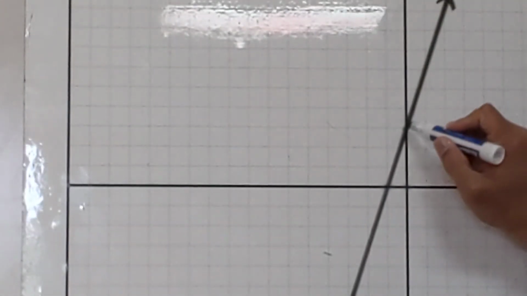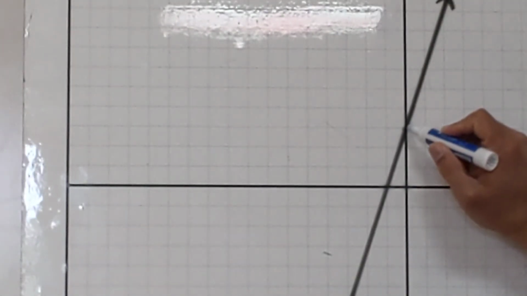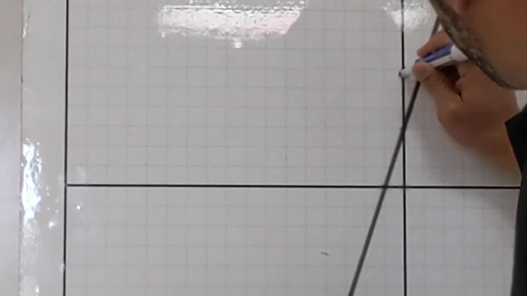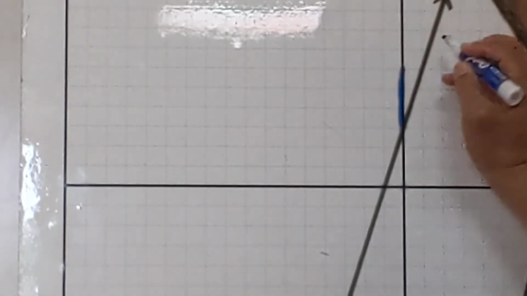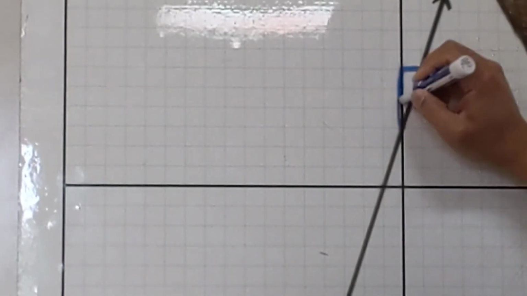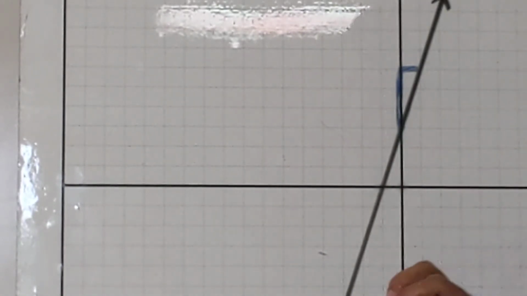So if I come over here to my graph, what I'm looking for is the rise over run. I'm going to start here at my y-intercept, which is where my line crosses my y-axis. And remember, I'm going to make a slope triangle. So if I go from here to here and make that slope triangle, I'm counting my rise over run.